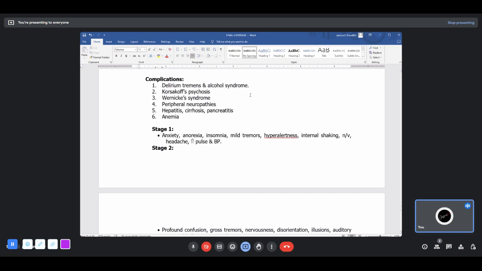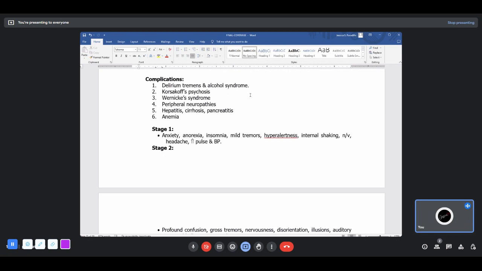Okay? For Korsakoff psychosis, among the complications of substance and alcohol abuse, this is a memory disorder that results from vitamin B1 deficiency and is associated with alcoholism. For Wernicke syndrome naman, this is a type of brain injury that mostly happens to people who drink a lot of alcohol. Another complication is peripheral neuropathies.